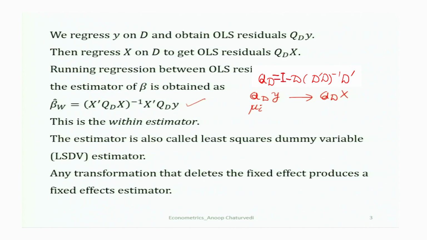So, any transformation that deletes the fixed effect produces a fixed effects estimator. We have used this transformation and then we get this estimator.